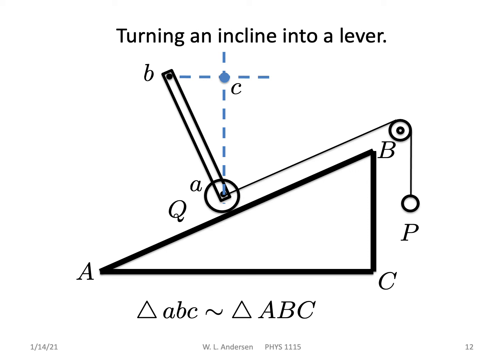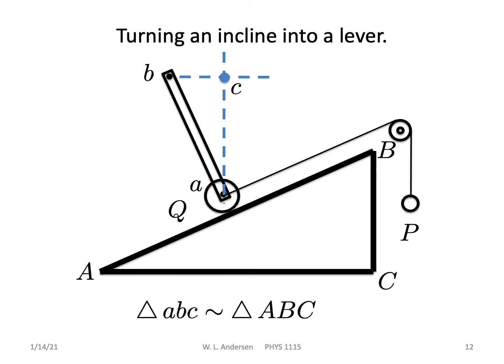Now, a critical thing to recognize is that the imaginary triangle lowercase a, lowercase b, lowercase c is in fact similar to the actual geometrical measurable triangle that constitutes the lever, uppercase A, uppercase B, uppercase C. Those two triangles are in fact similar.